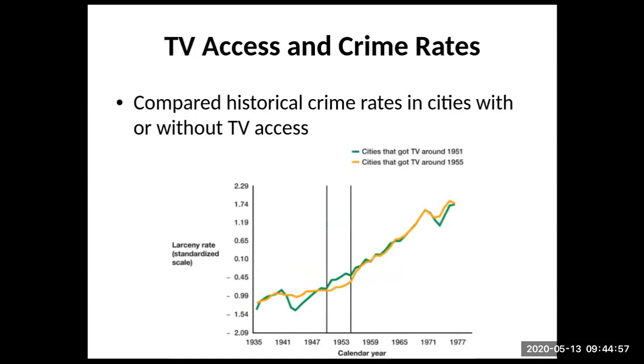For TV access and crime rates, this is looking back in the years of 1951 and 1955 and noticing a trend. Two things that were never studied together, but looking at past archival data or past history, we are looking at, in yellow, cities that got TVs around 1955 and looking at the line itself being the crime rate in that city after TVs were introduced, and cities that got TV around 1951.